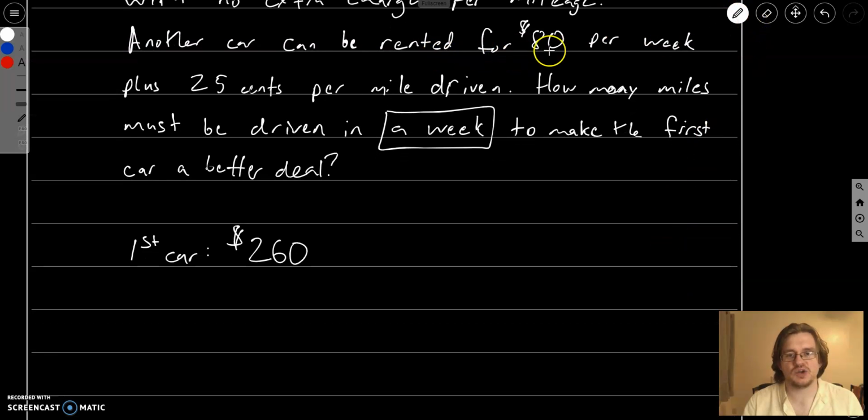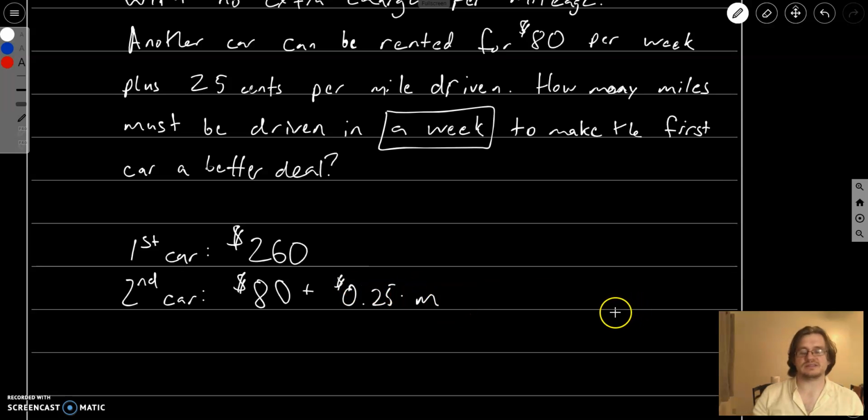The second car will be $80 plus 25 cents per mile driven. So in this case, the second car is going to cost $80 plus 25 cents, which is going to be $0.25 times the miles driven.